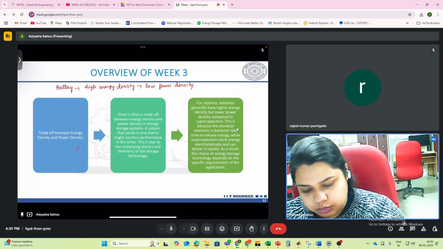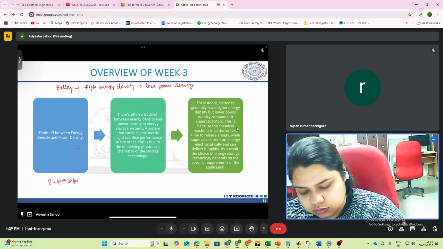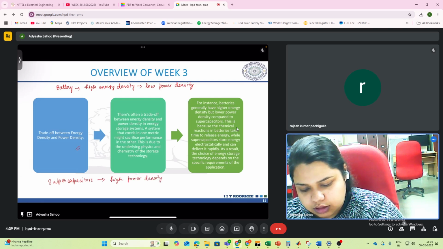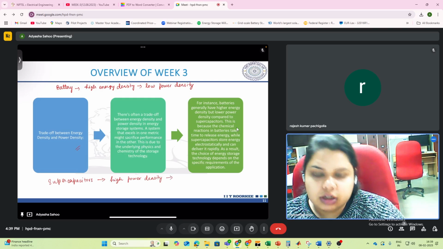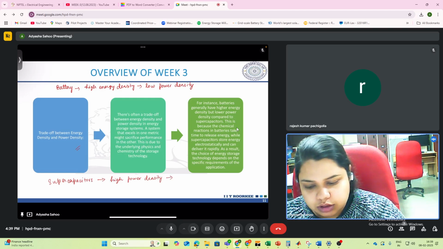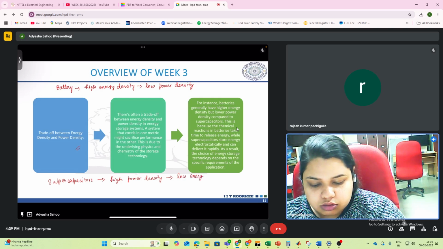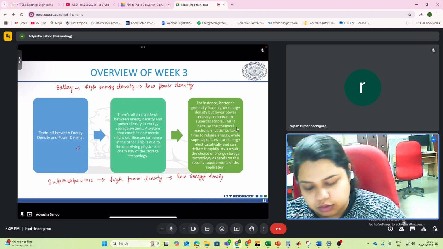But the supercapacitors have high power density. That means they can inject power or absorb power very quickly, in a matter of minutes, but they have low energy density. That is, they cannot store for longer duration or in compact forms.